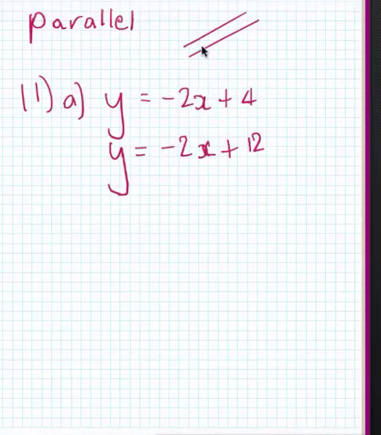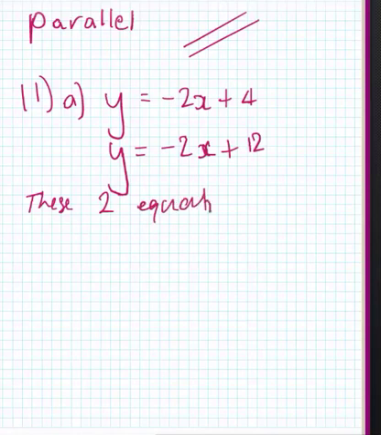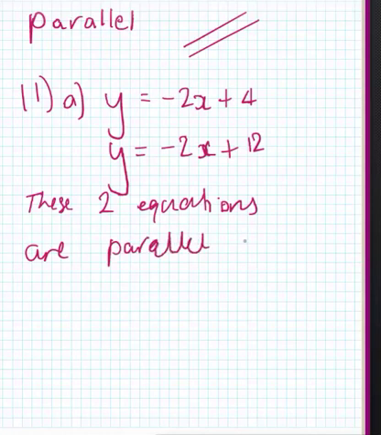Now, parallel means they have the same gradient, and I know that the gradient here is negative 2, and the gradient here is negative 2, because that's m, which is the gradient. That means if they have the same gradient, the same slope, they'll be parallel without even having to draw them. So for 11a, you can say these two equations are parallel, and just state your reason why.